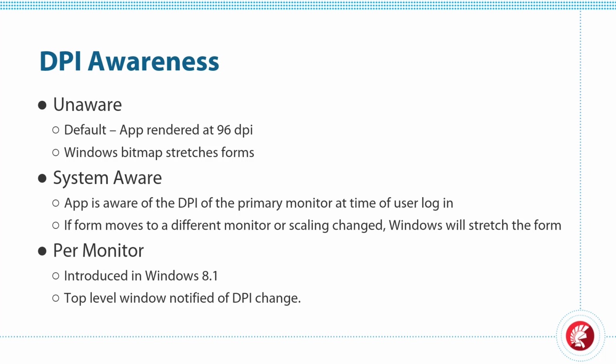In Windows 8, Microsoft introduced a DPI awareness functionality called per monitor. This was to handle the fact that systems have multiple monitors with different DPIs. When I move my app from one monitor to another, the top-level window gets notified of the change.